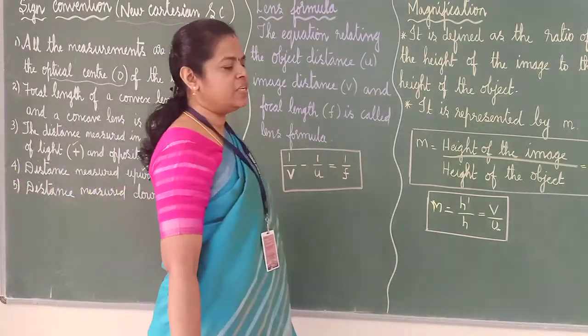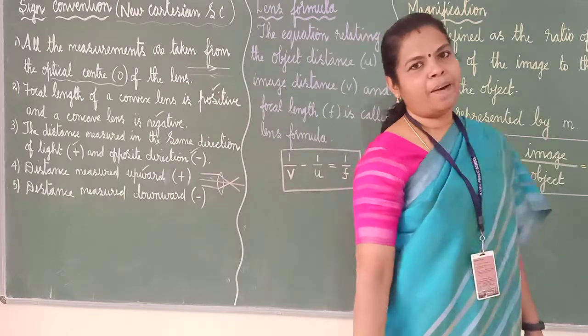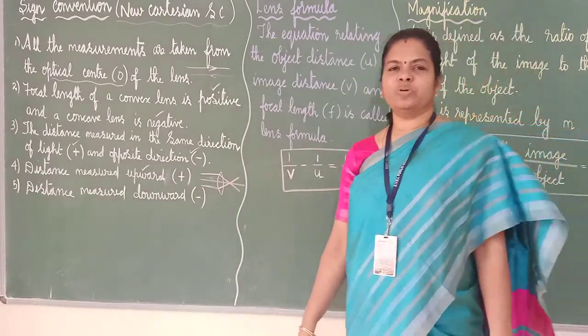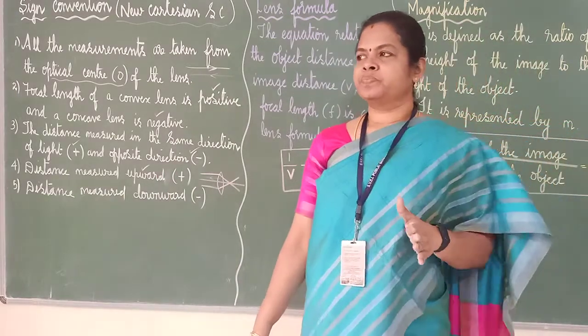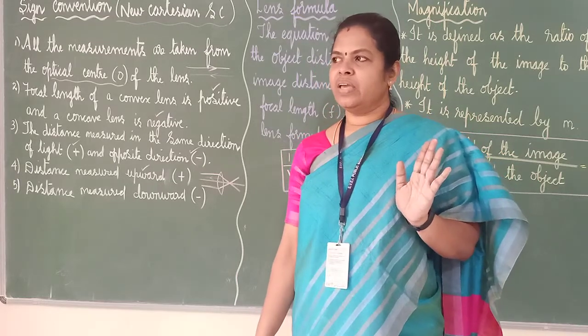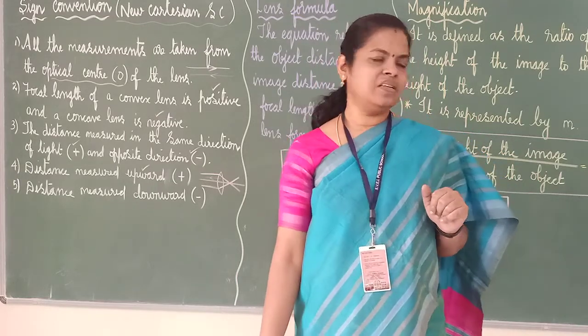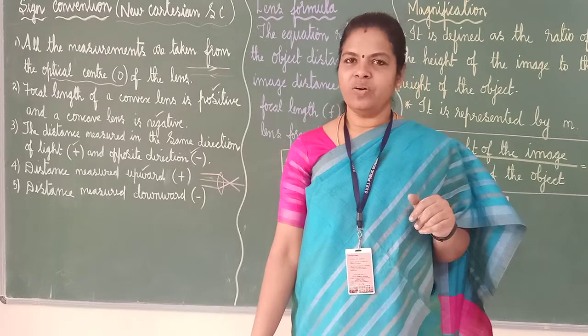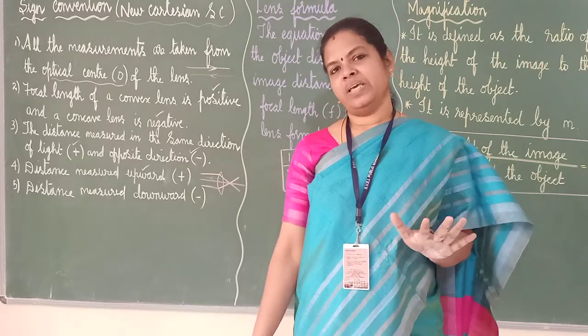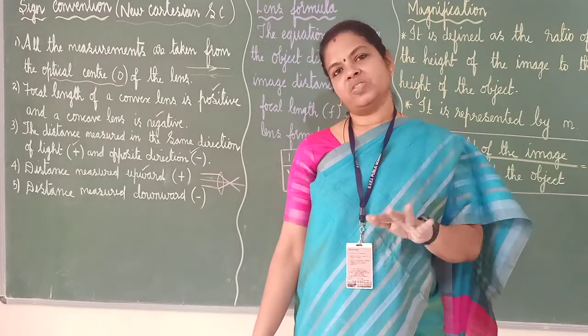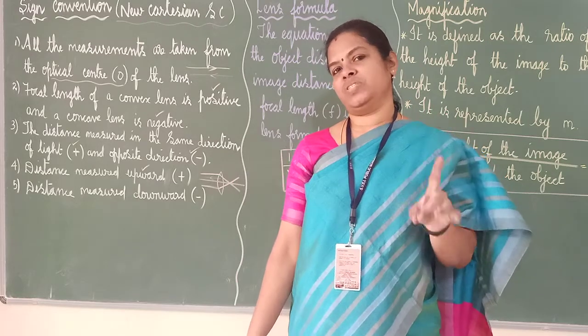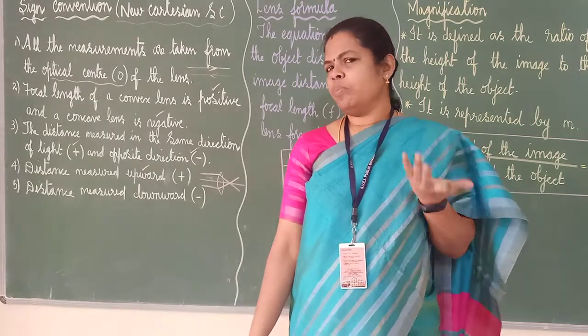Okay. The next one is the lens formula. We like mirrors so much, no? When we are moving and we see a mirror on the way, will we just move like that? We will just see once, no? We like to see our faces. Same like that, the mirror formula always has a positive sign.